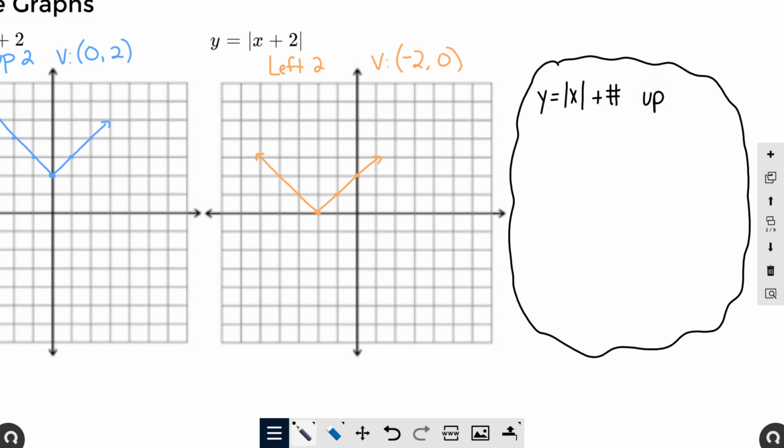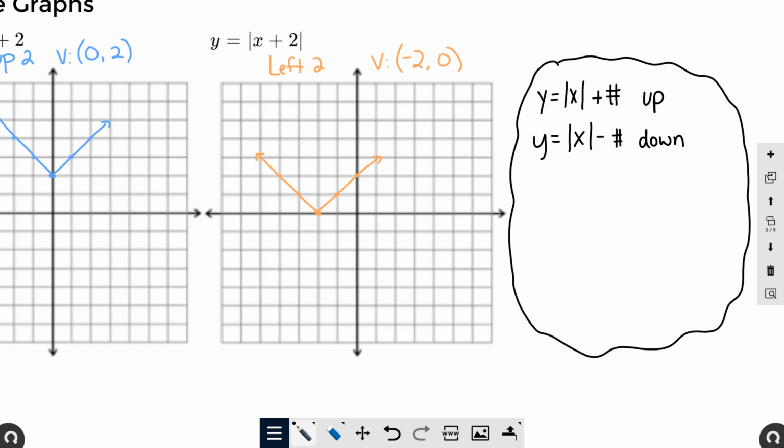Up. Good. If that changed to minus a number, it moves down. So if it's added or subtracted at the end, it moves up or down just exactly how you think it's going to go. Positive up, negative down.